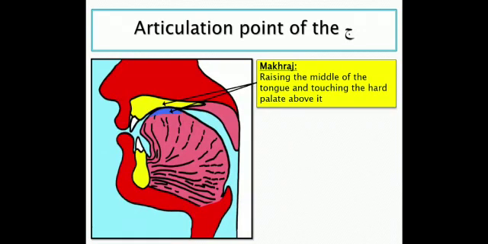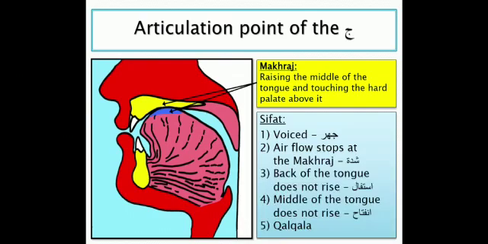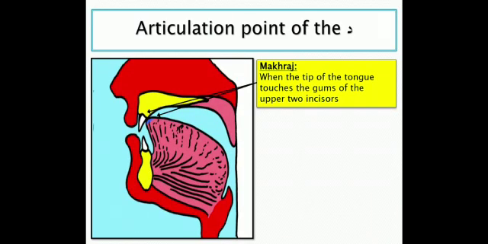The fourth letter is the letter Jim. The makhraj of Jim is when raising the middle of the tongue. The middle of the tongue rises and touches the hard palate above it. The letter Jim will come out correctly. And these are the sifat and the qualities of the letter Jim. The final letter is the letter Dal.